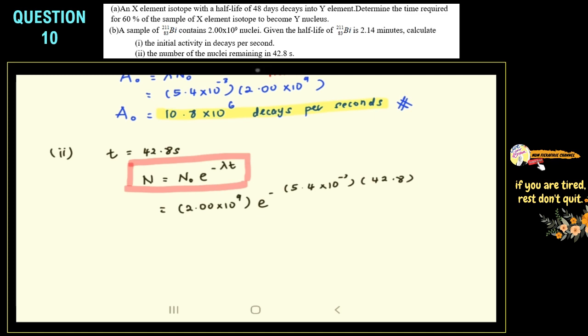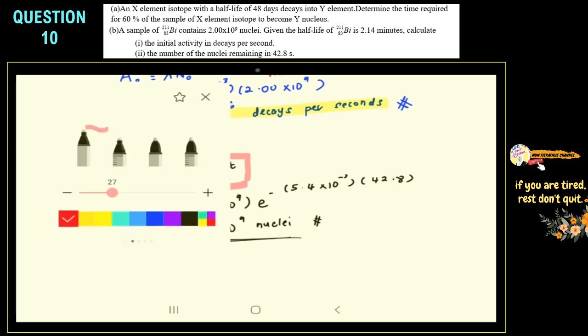Berapa? Kita kira, tekan calculator, and the number of nuclei that remains after 42.8 seconds is equal to 1.59 exponent 9 nuclei.